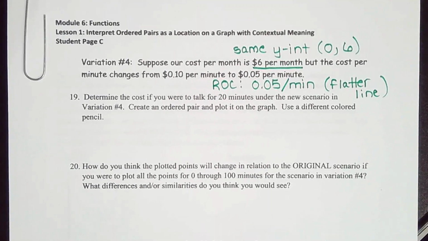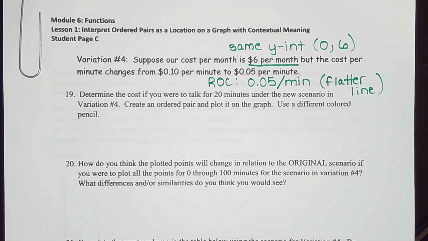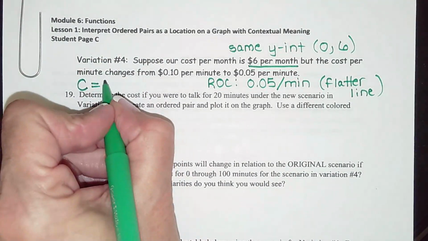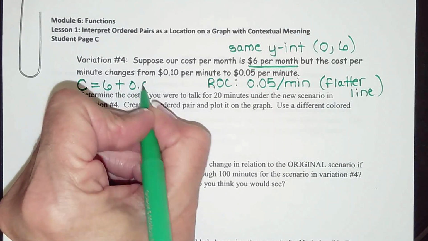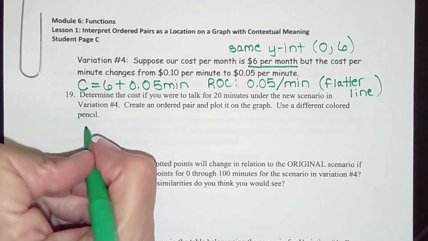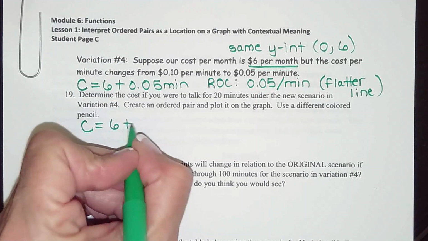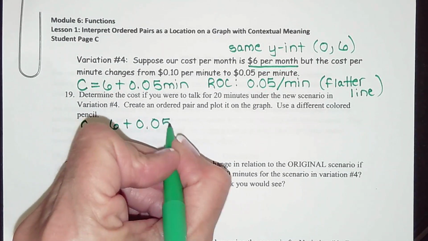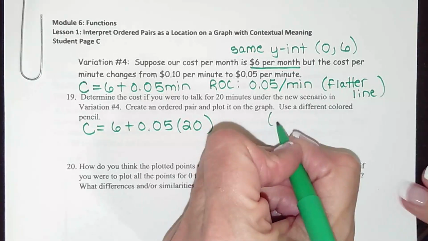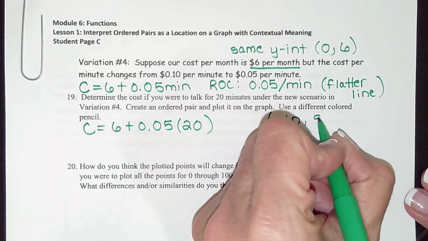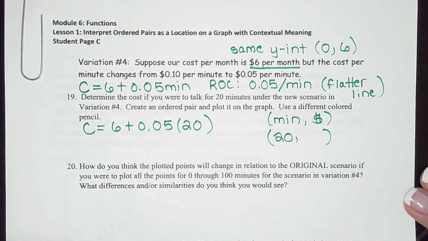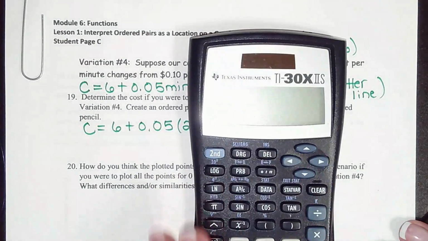Okay, so let's rip through this one. So new equation, $6 per month plus 5 cents per minute, 20 minutes again. 6 plus 0.05 times 20. And let's write our ordered pair there, minutes, comma, cost, so we don't get the order messed up. And we already know the minutes, so we can put that in and get it ready. And then go to our calculator.